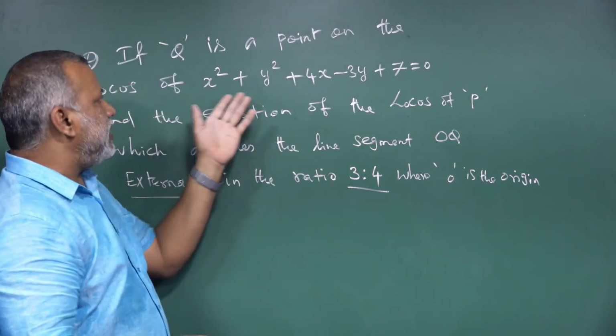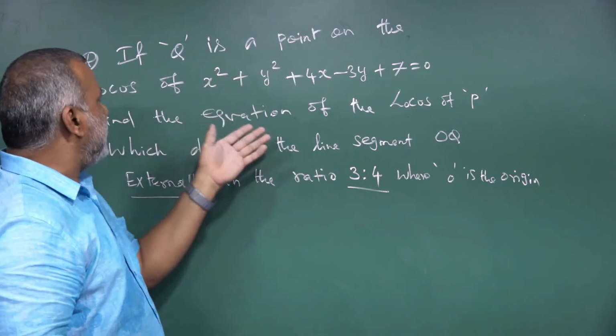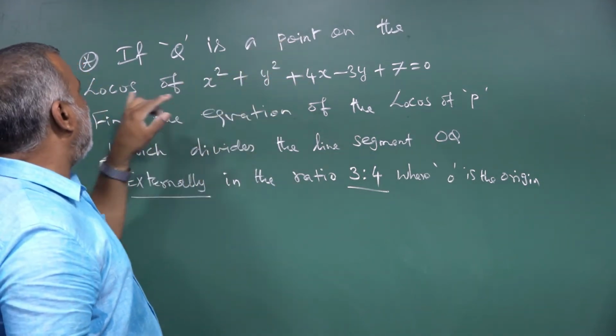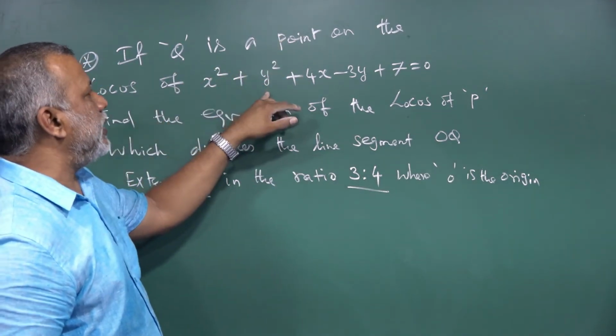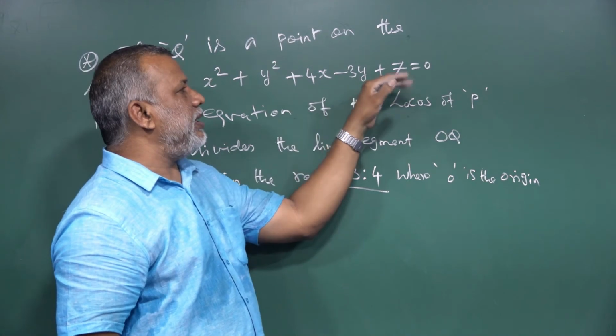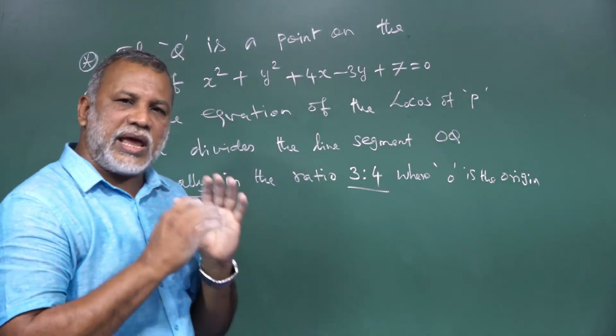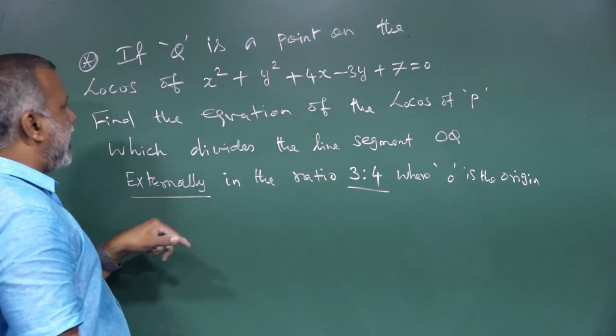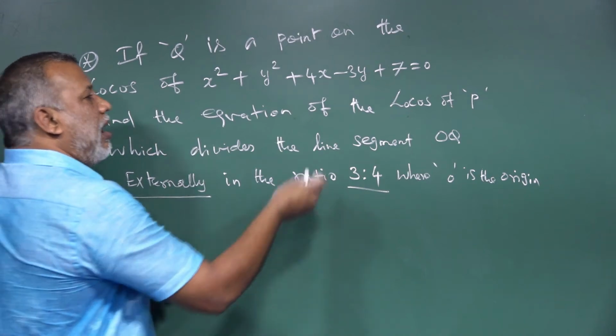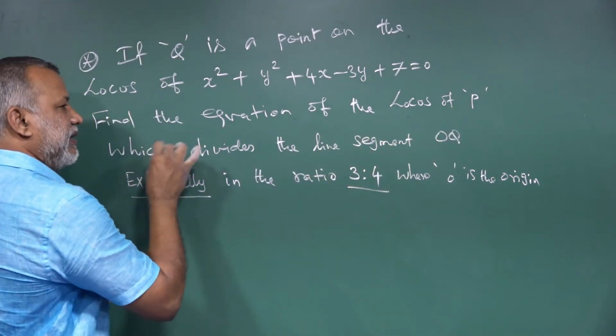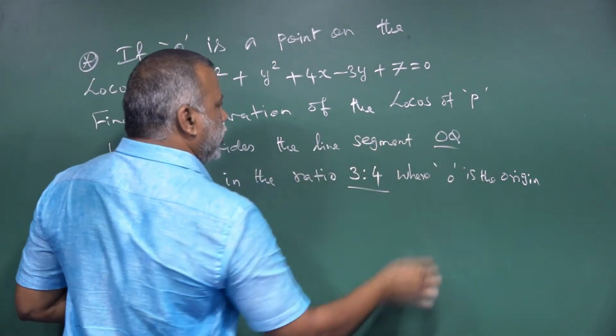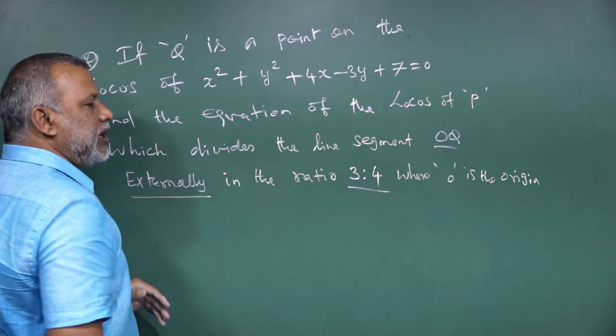So already we have one equation, that Q is a point on the locus of x squared plus y squared plus 4x minus 3y plus 7. This is the given question itself. We have one equation. Then again we have to find another equation of the locus of P which divides the line segment OQ externally in the ratio 3:4.